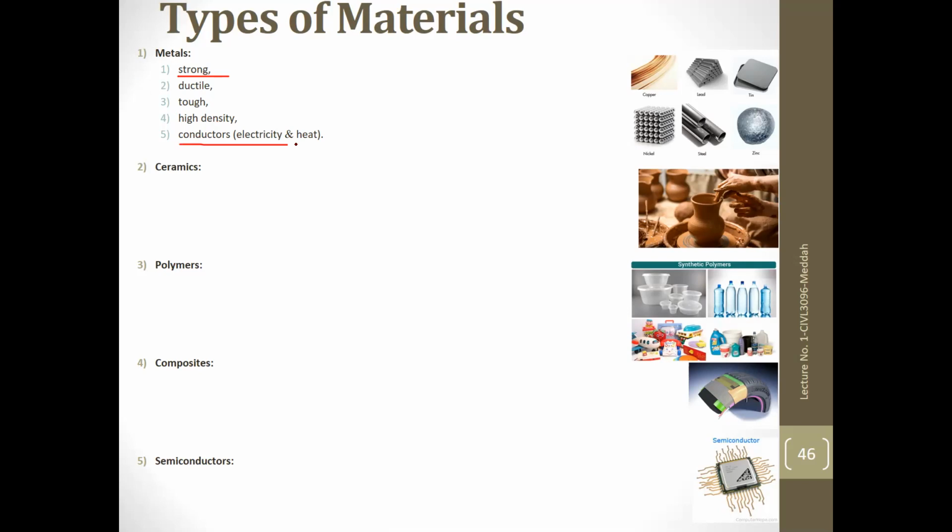Also, they are known for high conductivity. They can conduct electricity and they can also conduct heat. So metals are good conductors. So you can see these are some properties and specificities of the metals. You may find some of these properties also in polymers, ceramics or composites, but not all of them, of course.